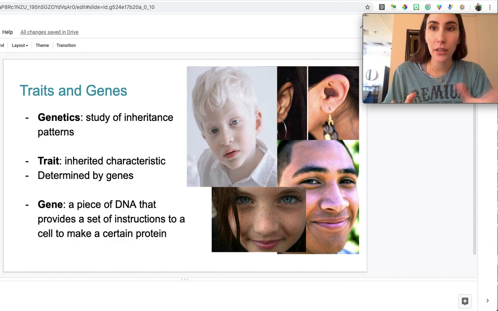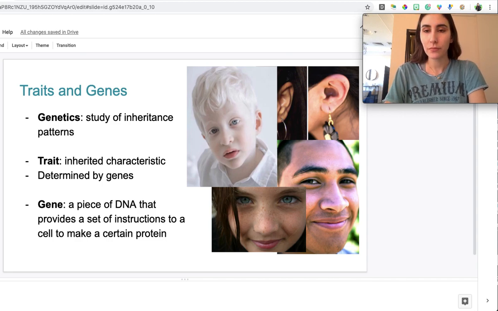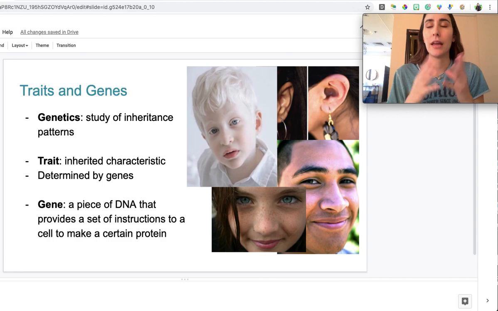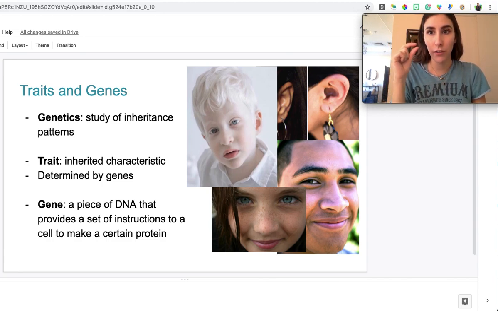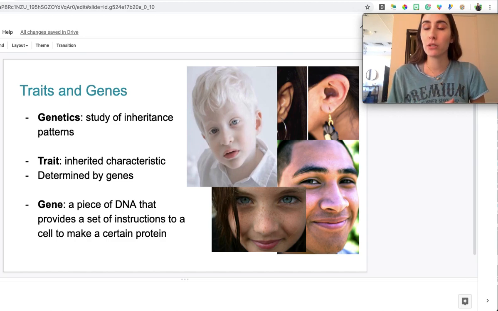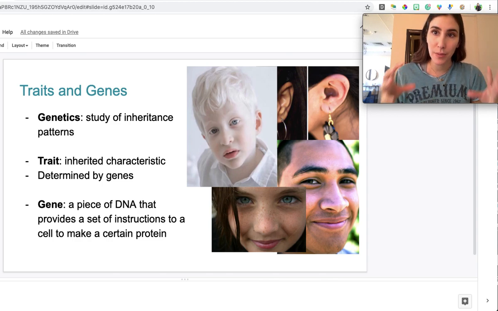And a gene, if you remember, is a piece of DNA that provides a set of instructions for making a protein. If we look at a picture of a chromosome, each section of that chromosome is known as a gene, or it basically is one gene, and there are hundreds of these genes on a particular chromosome, and every gene is responsible for creating a specific protein.